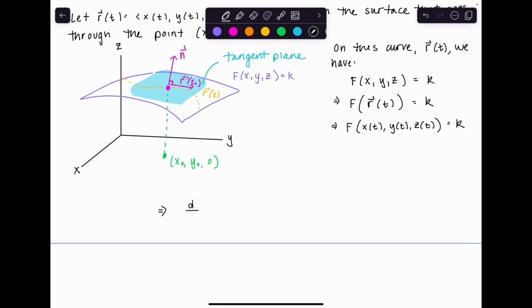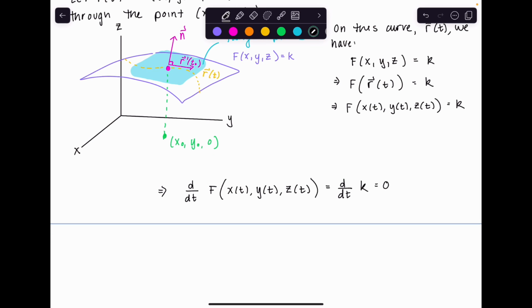The derivative of the constant side will be 0. And then on this side, I've got functions inside functions, so I'm doing my chain rule.